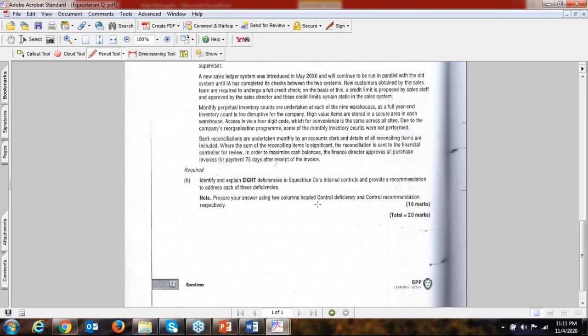So it is easy for you if you tackle the audit risk question and internal control question in a very logical manner, then you have a big chance to succeed in the exams.